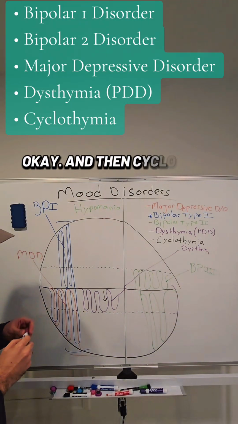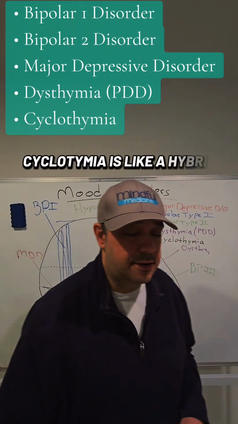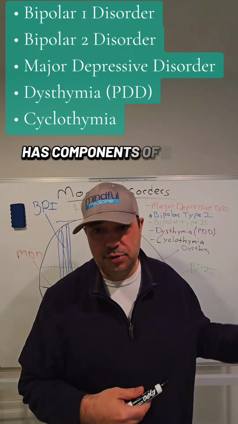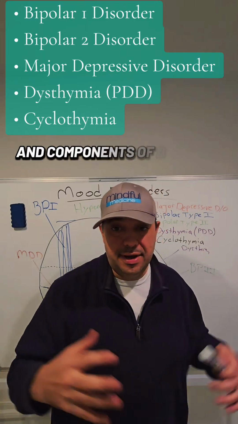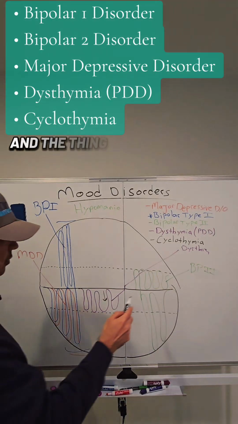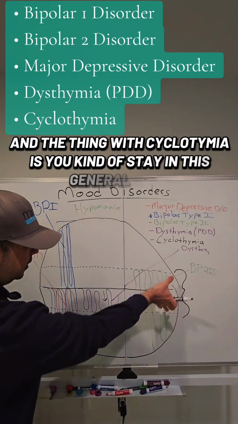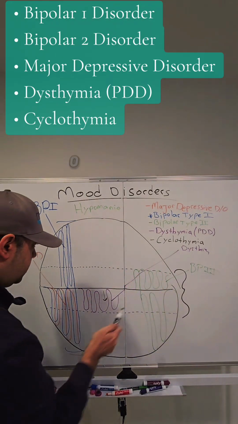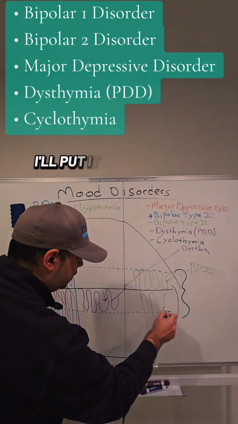Okay. And then cyclothymia. So cyclothymia is like a hybrid, it has components of bipolar type 2 and components of dysthymia melded together, essentially. And the thing with cyclothymia is you kind of stay in this general area, okay? And it gets a little messy, but if you're following me, I'll put it here.